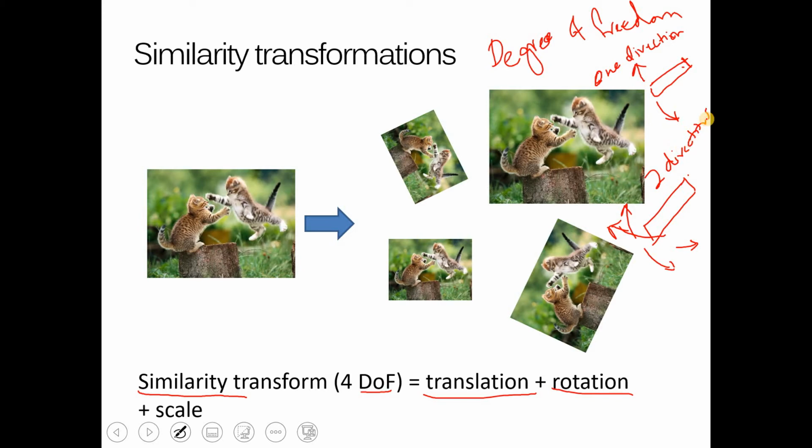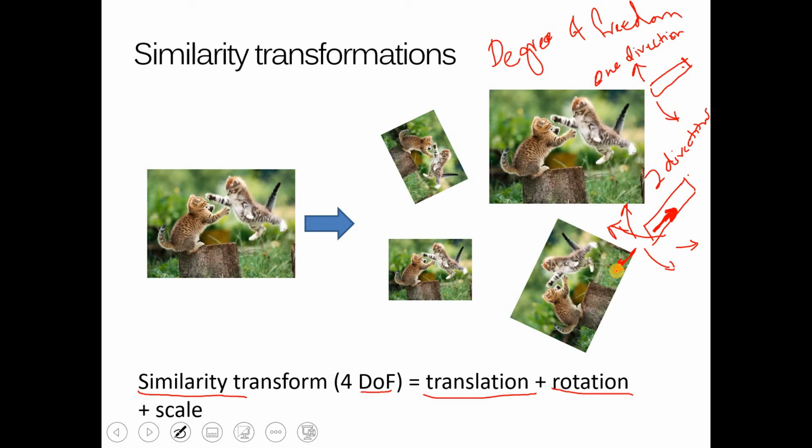So degrees of freedom in the normal XY plane: you can have up, down, left, right. There is one more thing that is possible, sometimes for some robotic arms: forward or backward. So practically three types of degrees of freedom are possible when you want to move something.